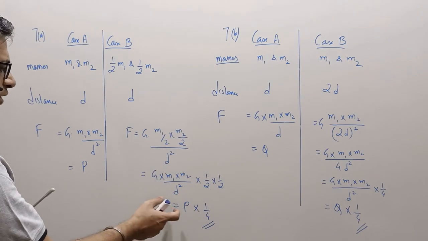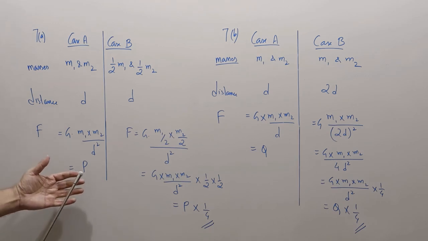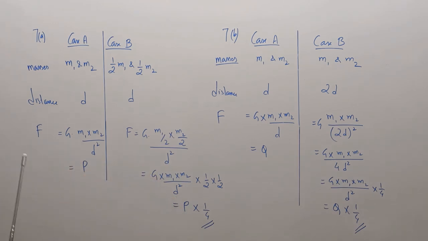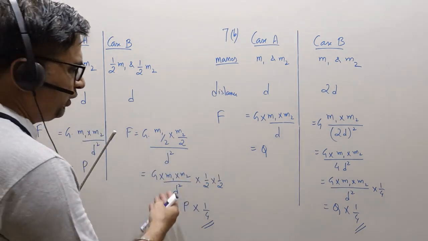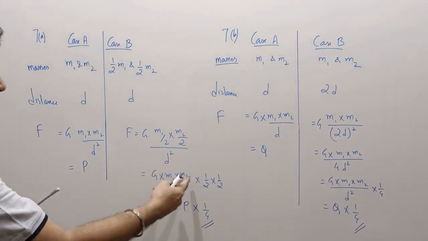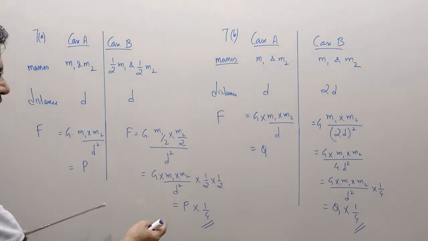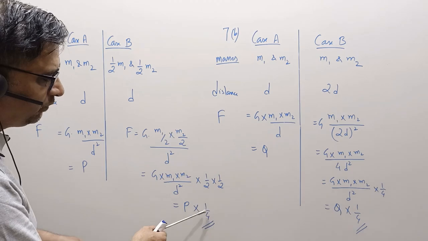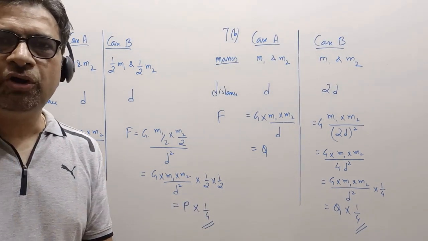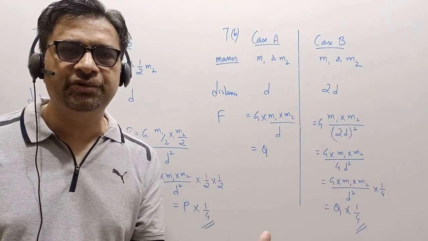I'm just trying to see what ratio, or what fraction or portion of P, the new value comes to. So if I organize this data, then I see that this quantity is P, which I got as P. And I'm now keeping the other factor here, 1 by 4, which gives me a clear picture of how many times the force has increased or reduced.